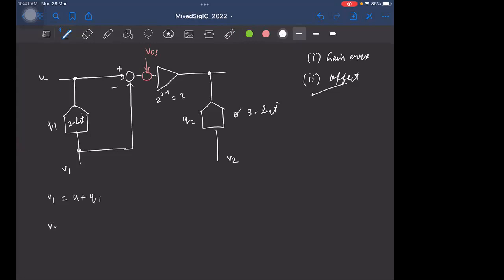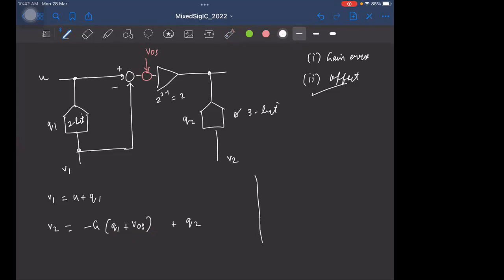What will be the output of the second ADC? It's minus G times Q1 plus VOS. I mean, this is just minus Q1, you're adding offset to it. So Q1 plus VOS is amplified. So this is the input, plus the quantization noise, plus Q2.